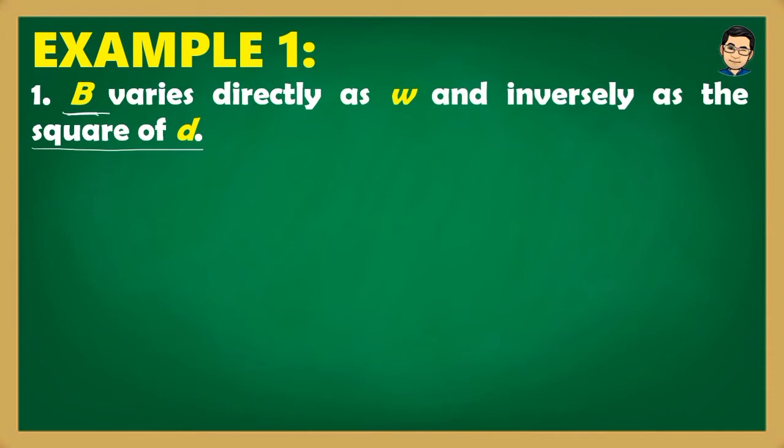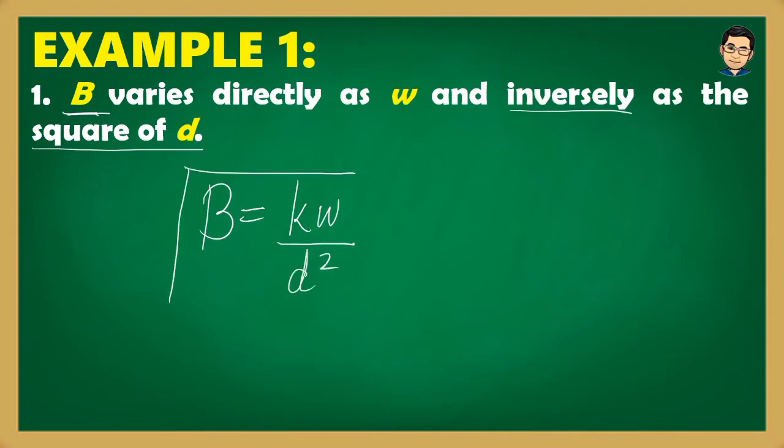So, pwede natin siyang isulat as B is equal to K, the constant of variation, and then W. And then, since inversely siya, that is over the square of D, magiging D squared. So, ibig sabihin, yung ating statement can be translated as B is equal to KW all over D squared.